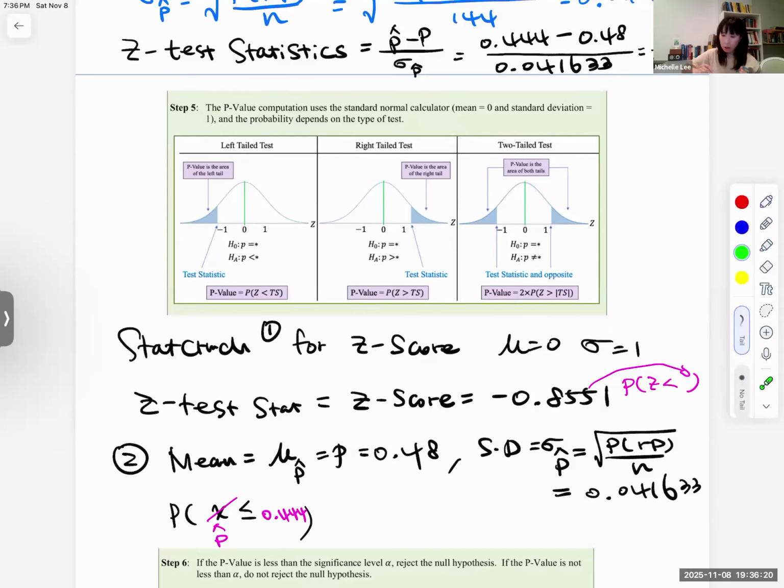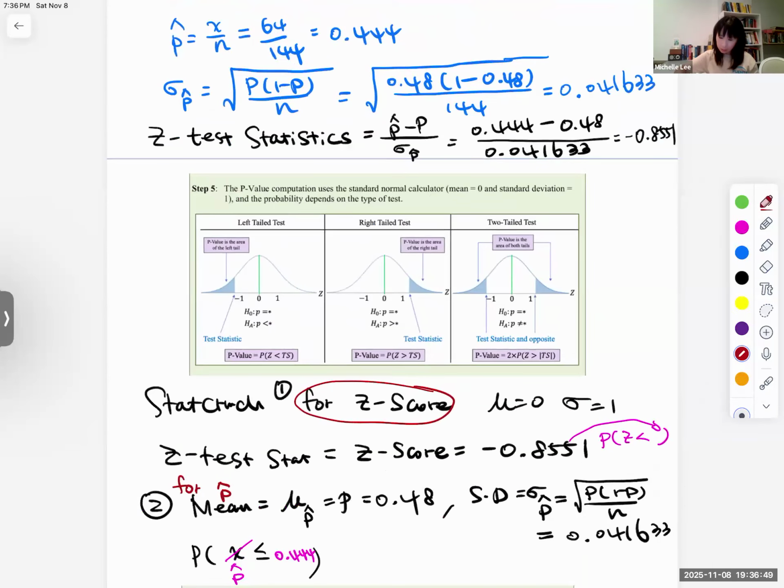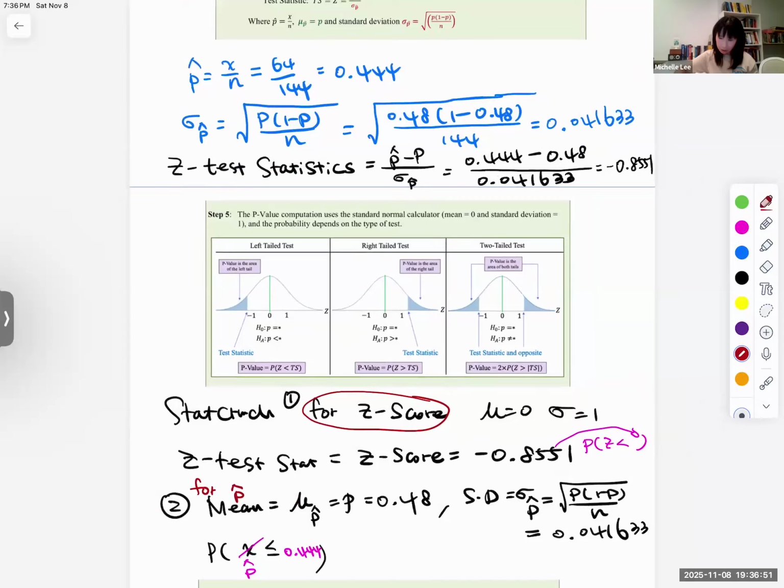Yeah. So there are two ways we can use StatCrunch. One is for the z-score, one is for p hat. Make sense to you? I'm going to show you both. Let me take a picture and then I'm going to show you both.